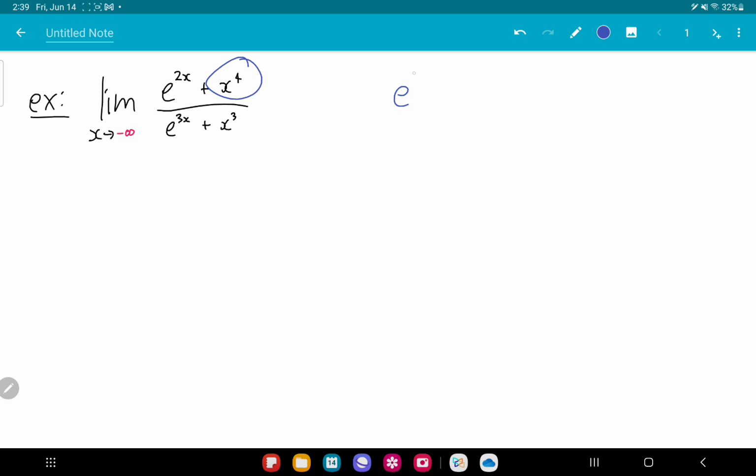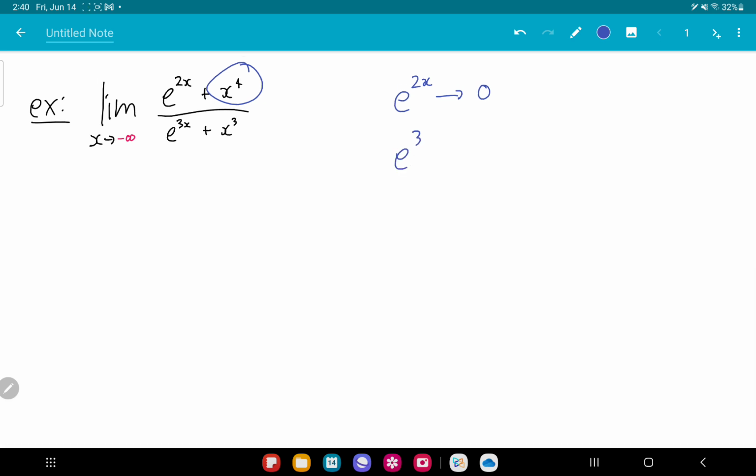Okay, e to the 2x is going to 0 because x is negative, right? x is going to minus infinity. So in fact, e to the 2x goes to 0. And likewise, e to the 3x is going to 0.